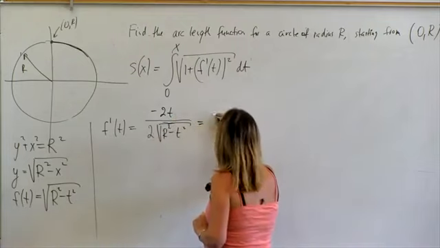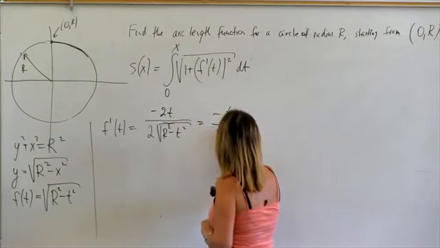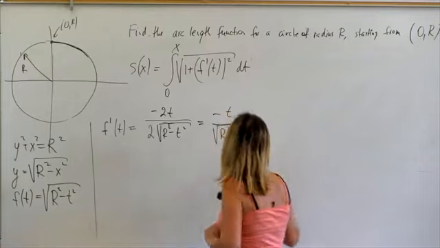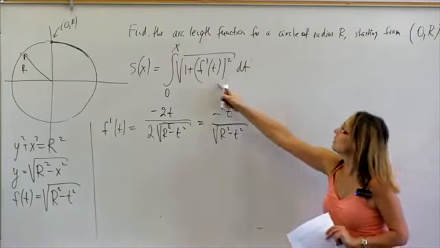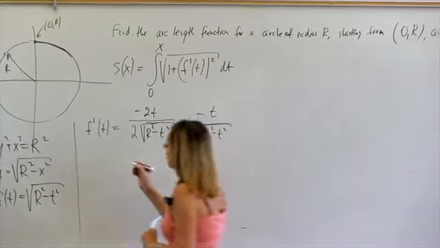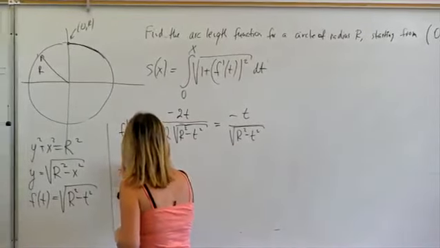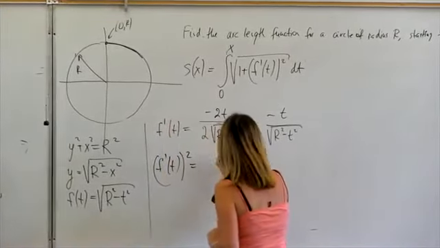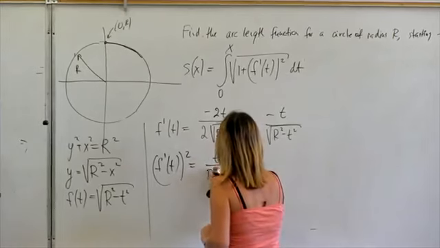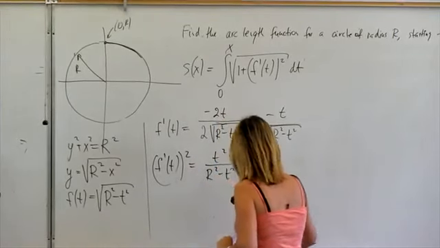To simplify, I have negative t over the square root of r squared minus t squared. So this is f prime. The next step is f prime of t squared. So that's t squared over r squared minus t squared.